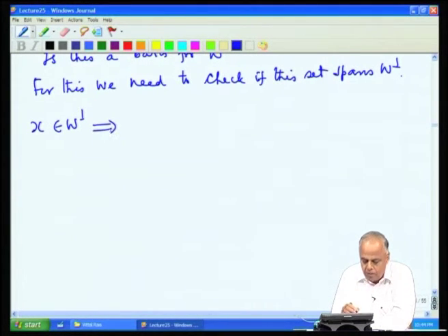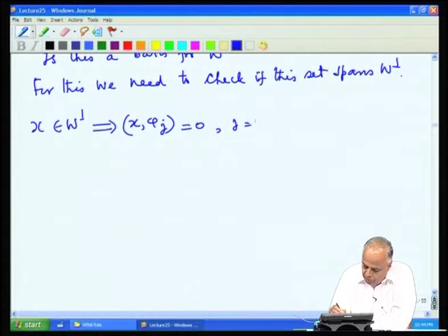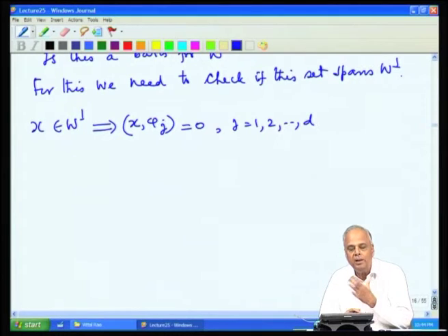Since x is in W perp, x dot phi j must be equal to 0 for j equal to 1 to d. Why is this? Because a vector is in W perp if and only if it is orthogonal to all the vectors in the basis for W.